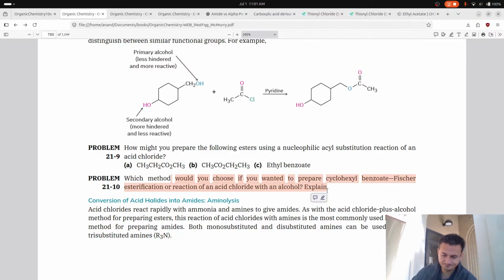So first off, cyclohexyl benzoate. Let's just draw benzoic acid. And now, since it's benzoate, it's going to be an ester, so then we can just draw. Okay, so that's cyclohexyl benzoate.